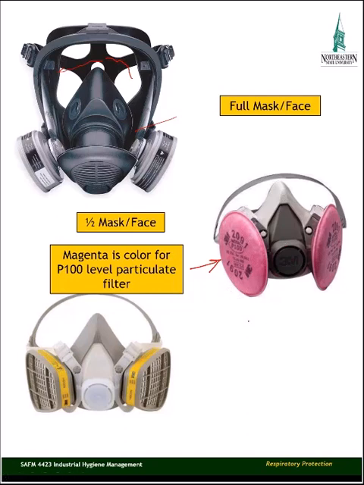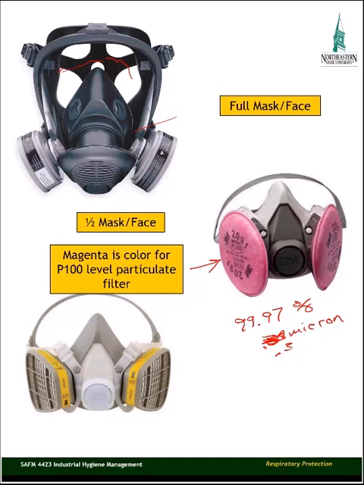P100 means that they will capture 99.97% of the particles down to a size of 0.3 microns. That's the same efficiency of a HEPA filter. So basically, you're wearing a HEPA filter on your face when you wear a P100 cartridge.